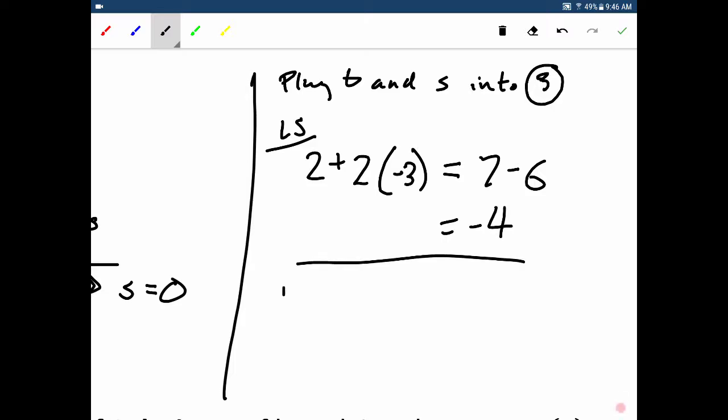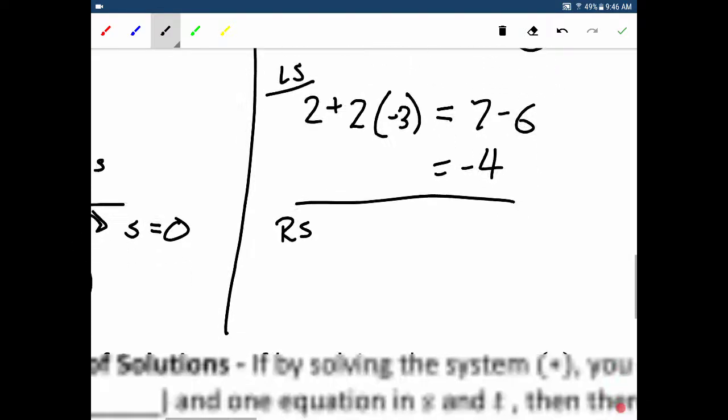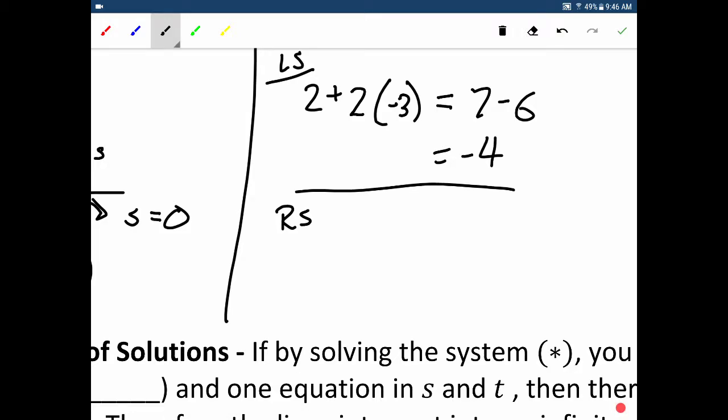Okay? So then we do the right side. And for the right side, we had, where is it? -4. I lost it. Plus 2 times 0, which equals -4. So we're good.